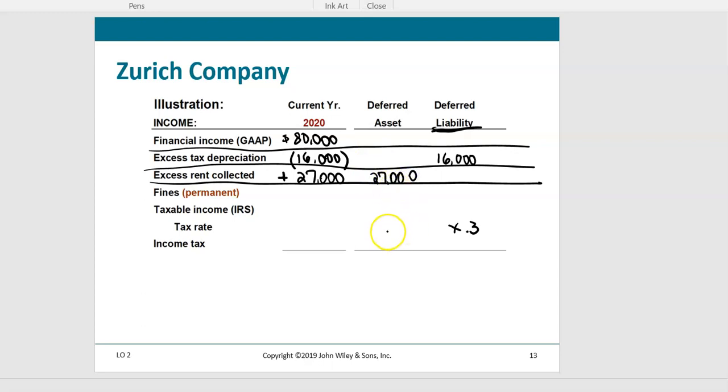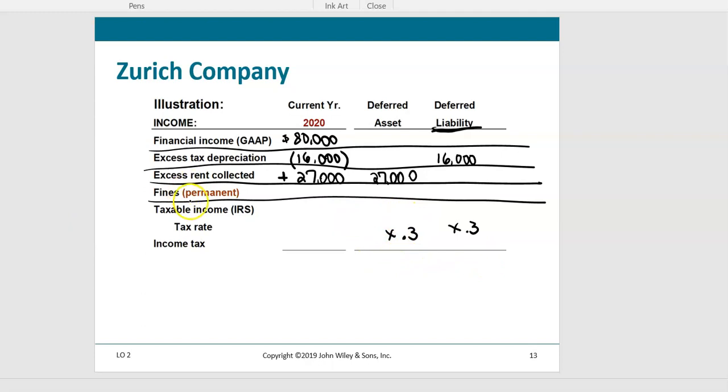And then once we multiply it by the tax rate, that's going to give us the amount of our deferred tax asset. The only reason that we're not doing the calculation here, right in this cell, 27,000 times 0.3, is because we have one more item here. And we're generally going to take care of all of these specific future tax savings or future tax amounts owed, sum them up, and then multiply it by the tax rate to get our deferred tax asset and liability.